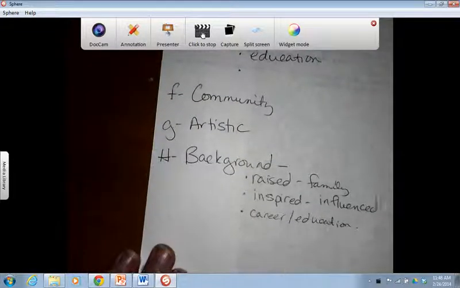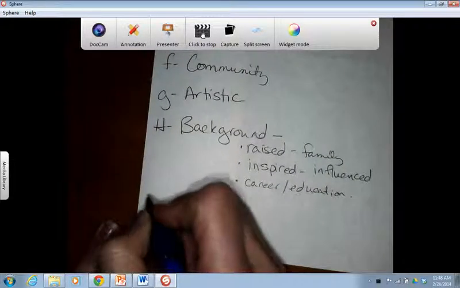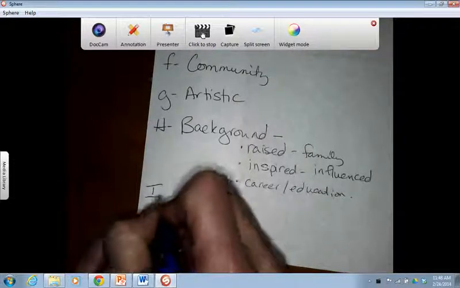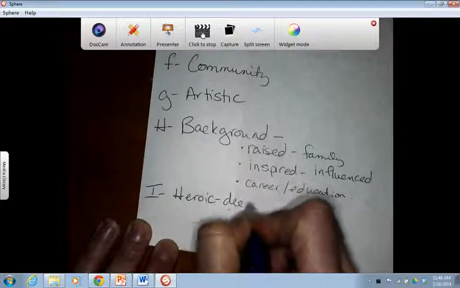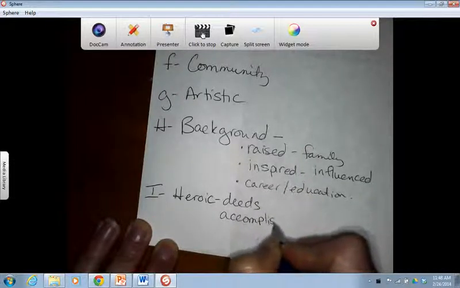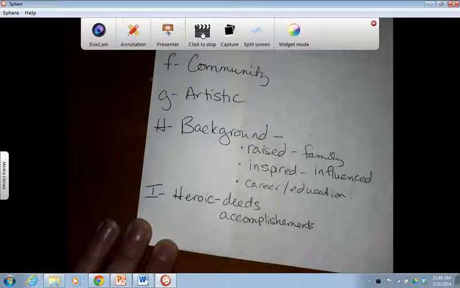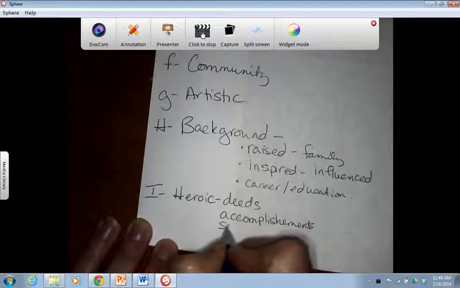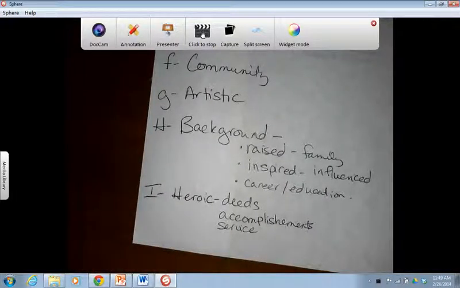The paper is about what? How they're heroes. So maybe talk about the things that they have done. Hero deeds, accomplishments, service. Whatever it is that they did that's heroic, why they're heroic to us.